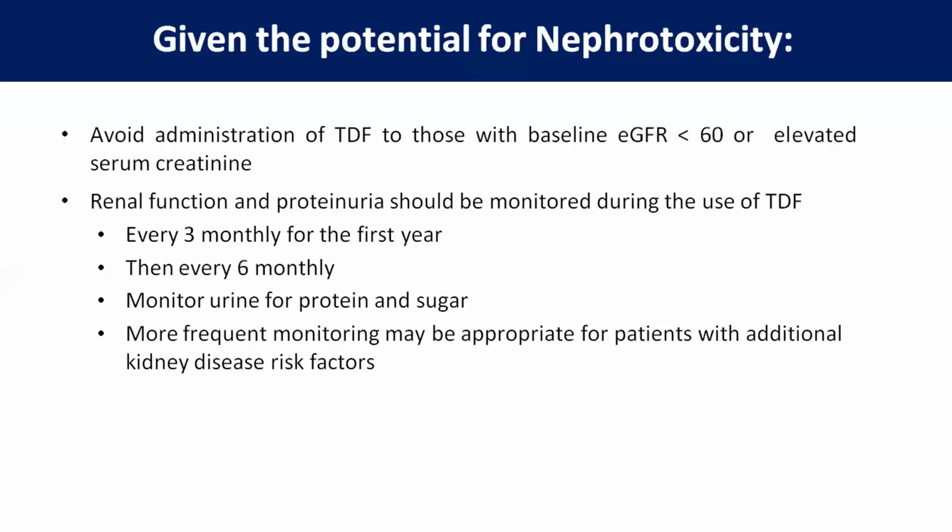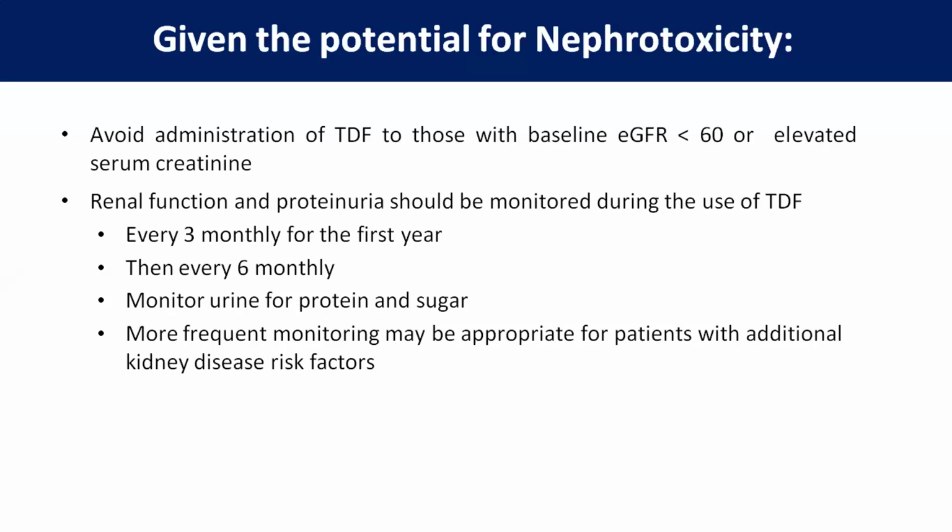So given the potential for nephrotoxicity, avoid administration of TDF to those with a GFR of less than 60 or elevated serum creatinine. So a program has the option to opt for an abacavir-based regimen. If you think the renal function is compromised and GFR is less than 60, better to start with an abacavir-based regimen.